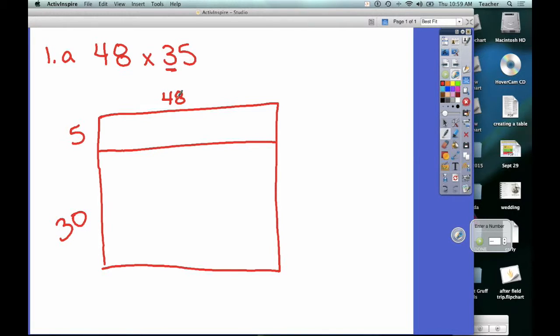Now yesterday you learned that's it. But today we're going to take it one step further. We're dealing with 2 digits, right? So what if we did this? What do you think we would do on top? Why did I want to know there's 2 digits? What do you think? Turn to your neighbor, see what you think. What do you think I'm going to do with my 48?